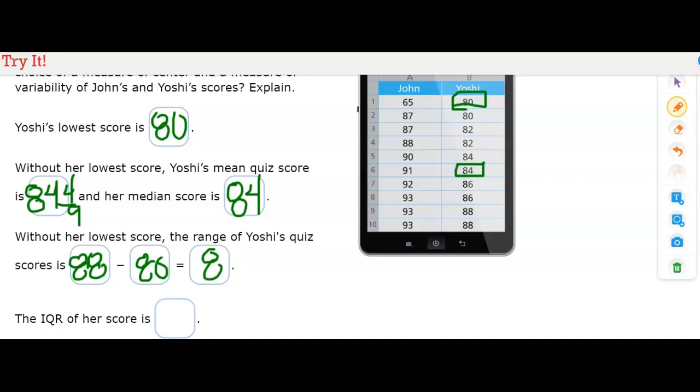And so her IQR would be to take the median of the upper and lower. So if we look at the lower first, we now have 4. So there's 2 middle numbers. So that's going to give us 82 as her lower quartile, or quartile 1. And then we have the upper. You got the 2 middle, 86 plus 88 divided by 2.